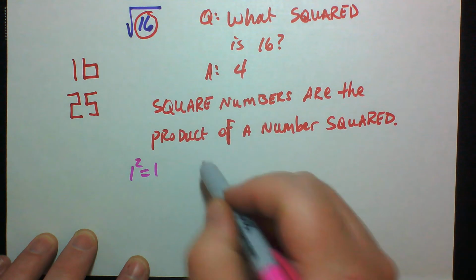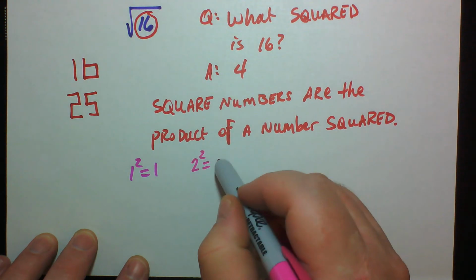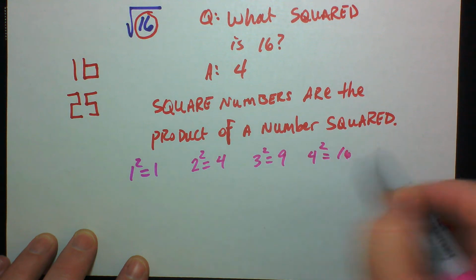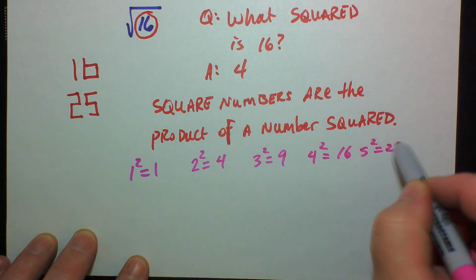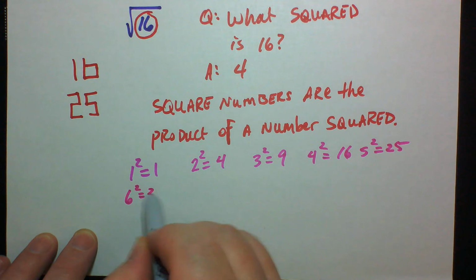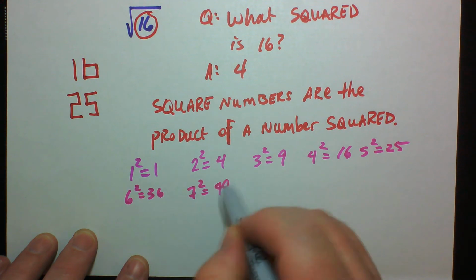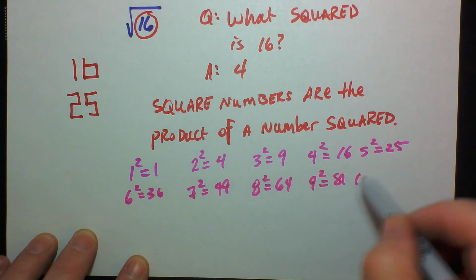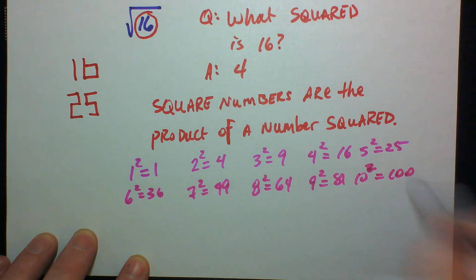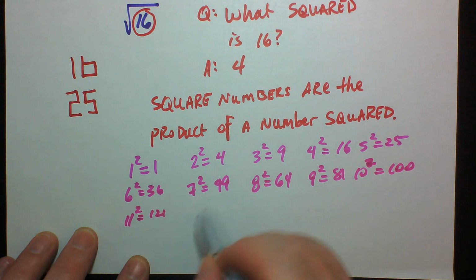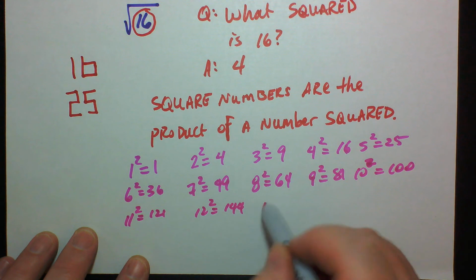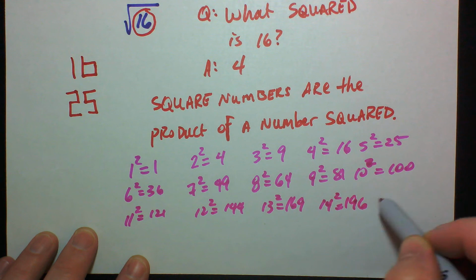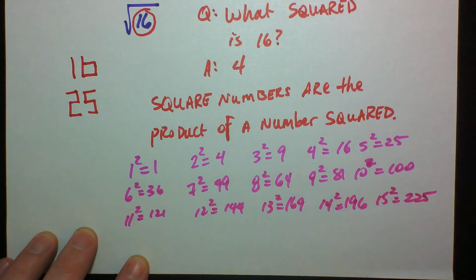So here are the square numbers. What's 2 squared? 4. 3 squared? 9. 4 squared? 16. 5 squared? 25. 6 squared? 36. 7 squared? 49. 8 squared, 64. 9 squared, 81. 10 squared is 100, 11 squared is 121, 12 squared is 144, 13 squared is 169, 14 squared is 196, 15 squared is 225.